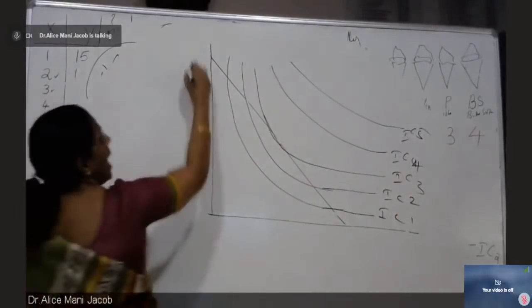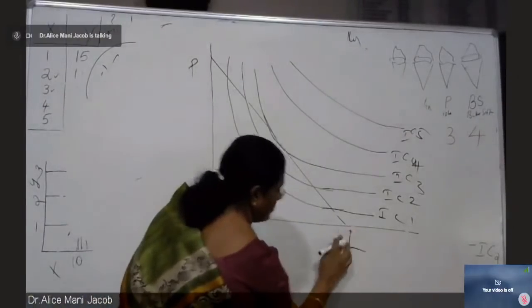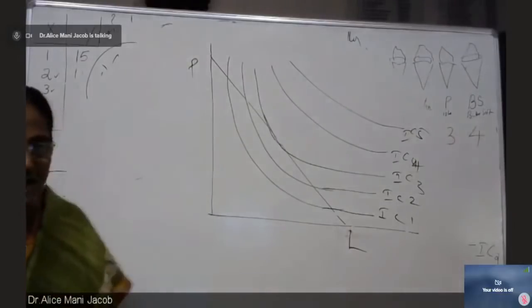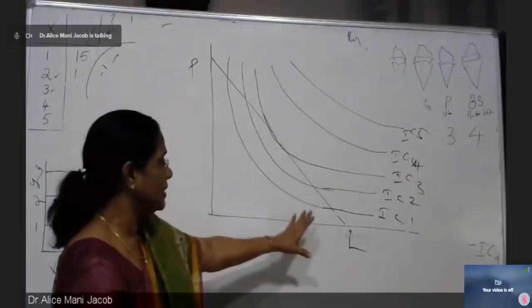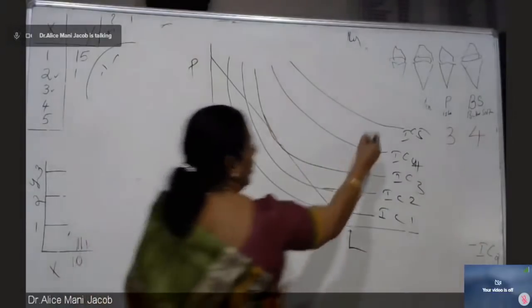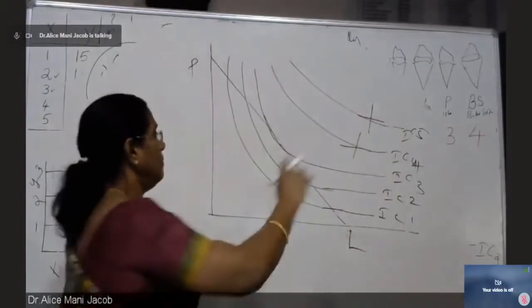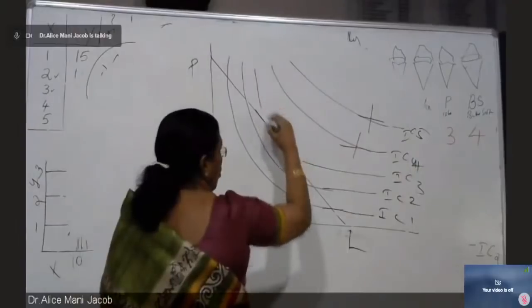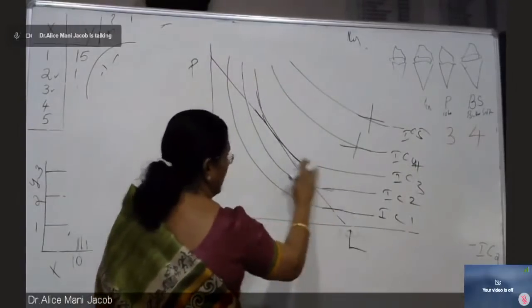I have a budget line called PL. I am using the same words given in your book. This is my budget. I cannot go beyond that. So I cannot think of IC4 or IC5 because they are beyond my budget.